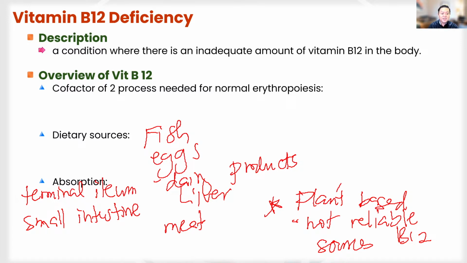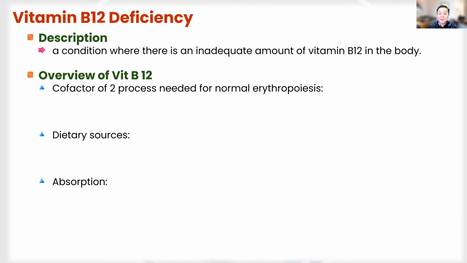Now, take note, guys, that in order for the vitamin B12 to be utilized, it has to be bound to the intrinsic factor. Okay, so take note of these words, intrinsic factor. This is going to be that substance that will be helpful in the absorption of the vitamin B12.